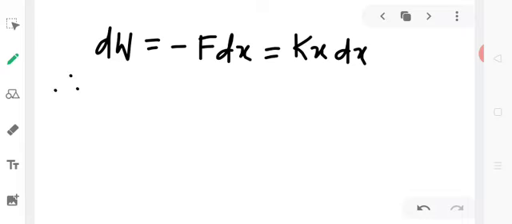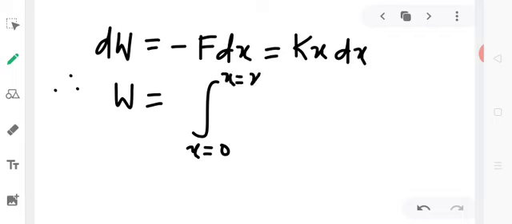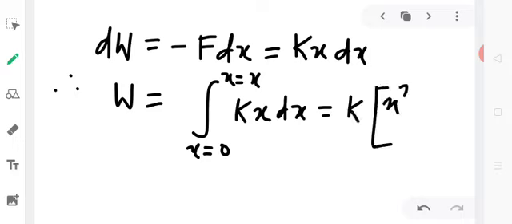Therefore, total work done in giving displacement x to the body can be obtained by integrating the above equation. So we can write W to be equal to integral x equal to 0 to x equal to x of kx dx, and on integrating we get, k being the constant, it is taken out of the integral, so on integrating we get x square by 2 using the standard integral formula, and obviously it is on the limits 0 to x.